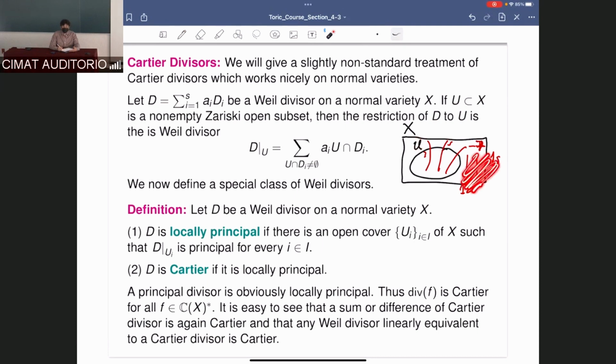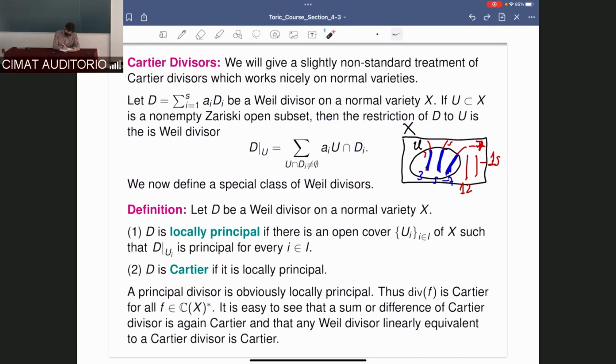This one I ignore. I don't need them anymore because they do not intersect U. And the divisor that you would get as the restriction would be U intersected with this guy with the same coefficient, U intersected with this guy with the same coefficient, and U intersected with this guy with the same coefficient. That's what this formula says.